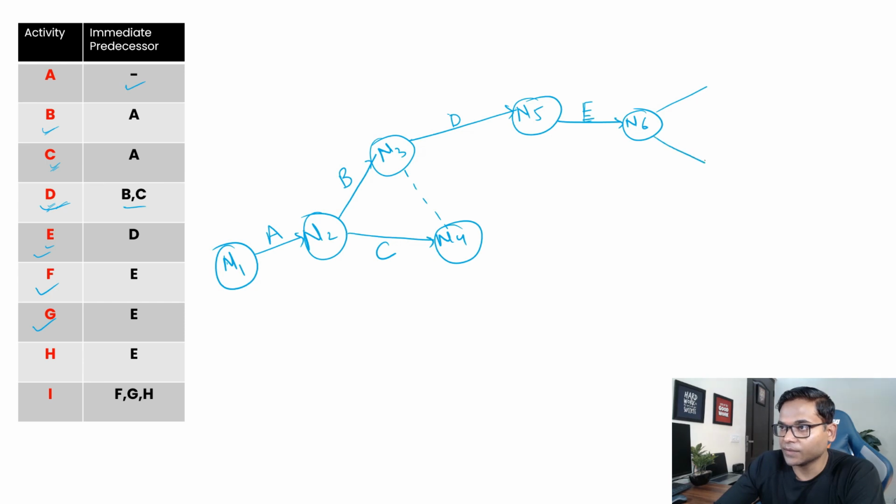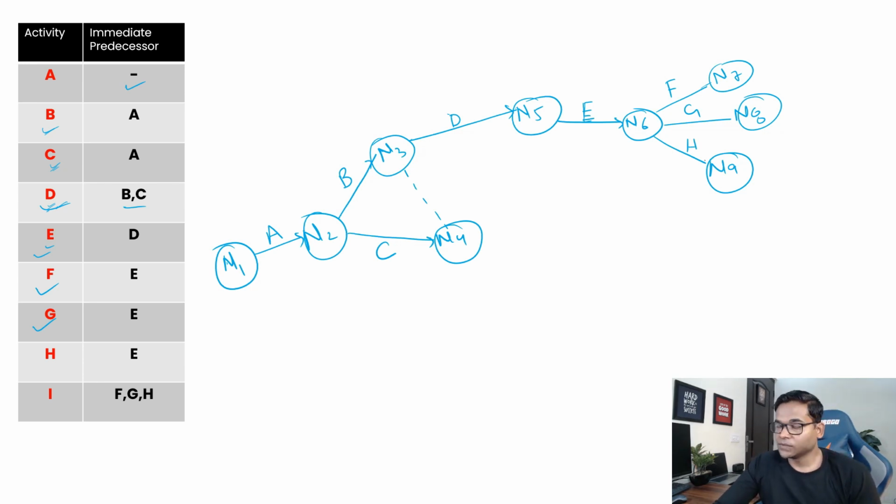You can have three activities, and let's draw node 7, node 8, and node 9. So it just represents F, G and H.